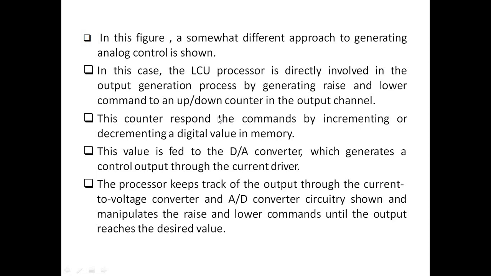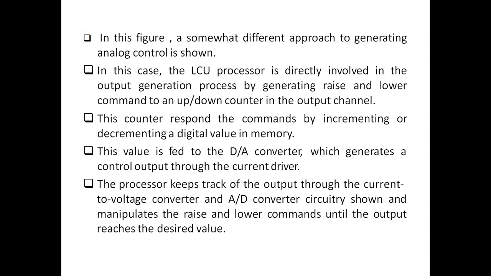In this figure, a somewhat different approach to generating control output is shown. In this case, the LCU processor is directly involved in the output generation process by generating rise and lower commands to an up and down counter in the output channel. This counter responds to the commands by incrementing or decrementing a digital value in memory.